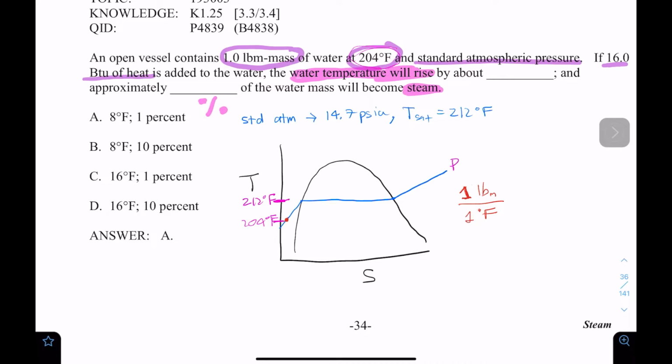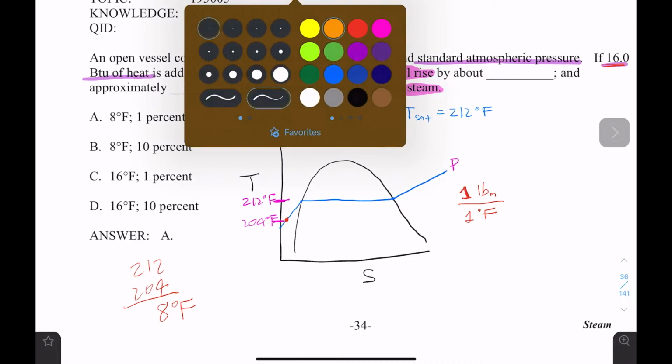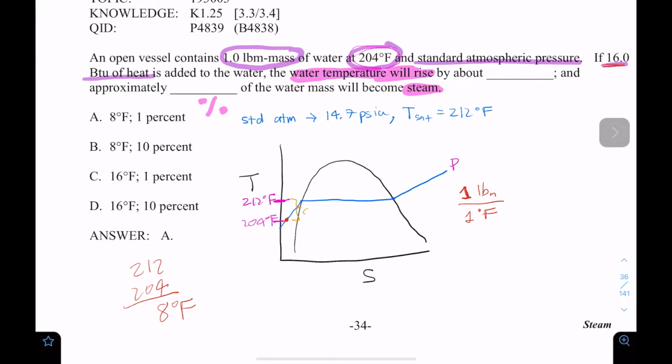So if I'm heating with 16 BTU, and I want to get from 204 to 212, the difference is 8 Fahrenheit. So I'm basically just using 8 BTU to go from here to become saturated, right?